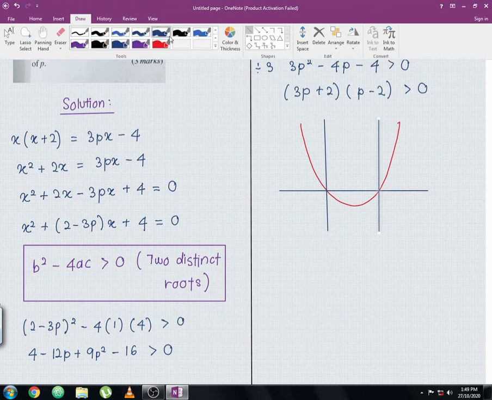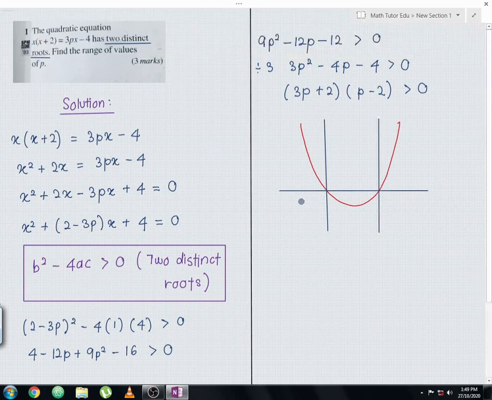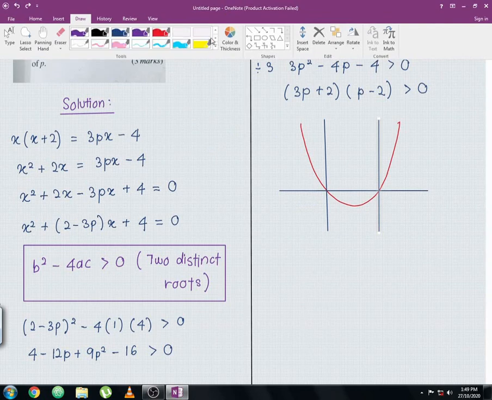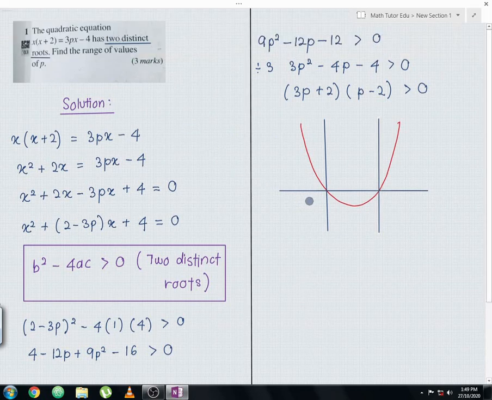Okay, so we write our first root here, negative 2 over 3. Okay, and our second root here is 2. Okay, since it indicates more than 0, so what you do, you shade the outside region of the graph, which is over here.